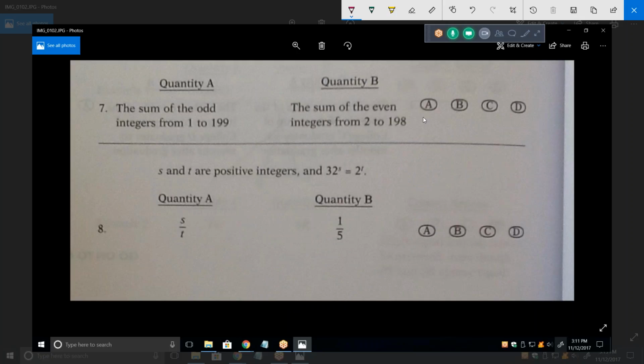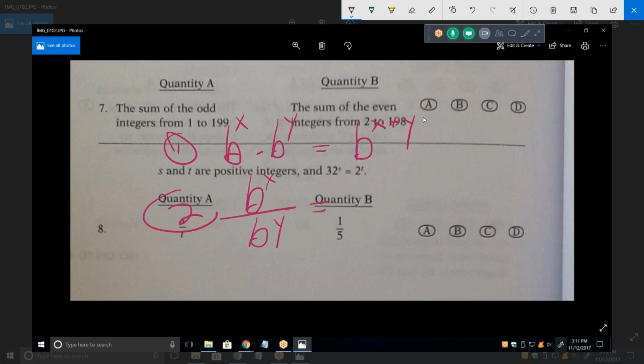In other words, the rules are this: b to the x times b to the y equals b to the x plus y. Okay, you got that one memorized already. b to the x divided by b to the y equals? Subtracting those two.